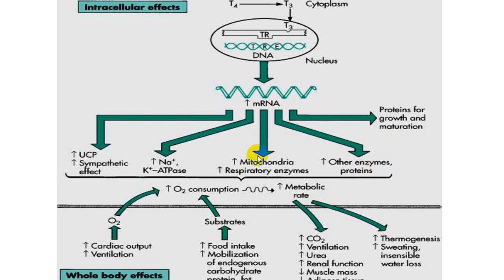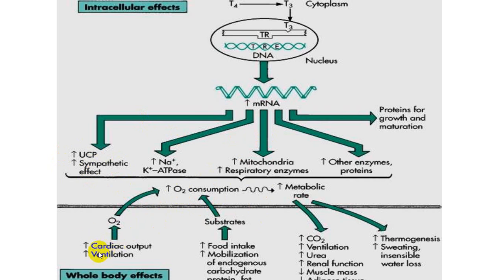It will act on the mitochondria, and it will increase oxygen consumption and increase the BMR. It will also activate the sodium pump, so sodium level will increase, and the potassium ATPase pump will also be activated. And it will also have sympathetic effects. All this will increase your BMR and activity.